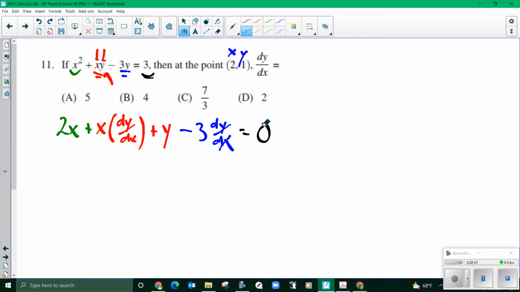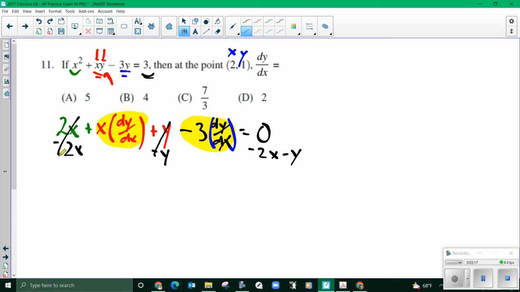Now, the whole goal here is I want to have any term with dy/dx on one side. So I'm going to keep this and this, and I'm going to eventually factor out that dy/dx, so I only have one of them instead of two. I should put the parentheses here. So I'm going to subtract 2x from both sides, and I'm going to subtract y from both sides.